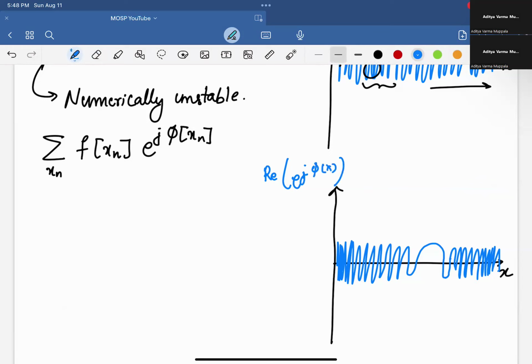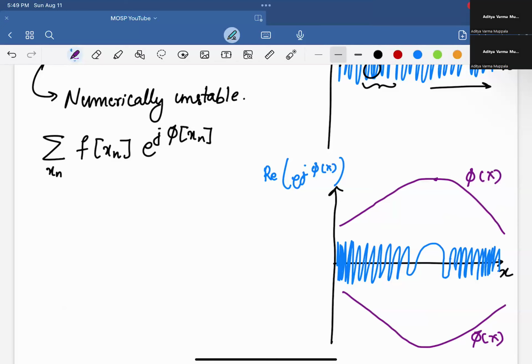Right, so if you take phi of x itself, so if phi of x is increasing, and then it slows, and then it decreases like this, or it is going the other way. Let's say it's doing something like this. So if this is phi of x, then you can see that this phase term starts to rapidly oscillate.